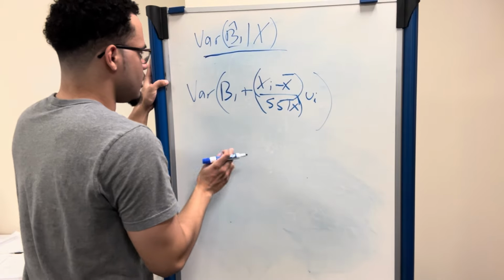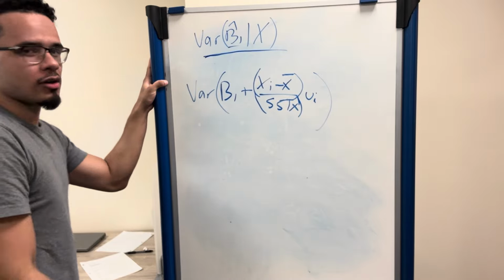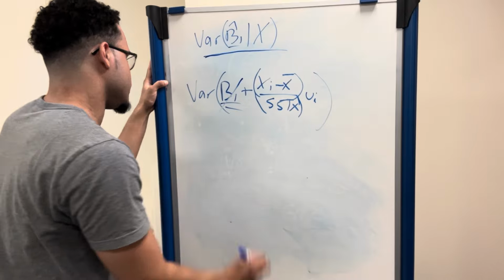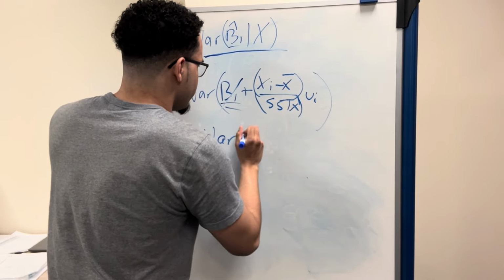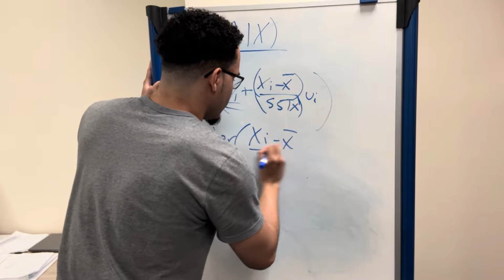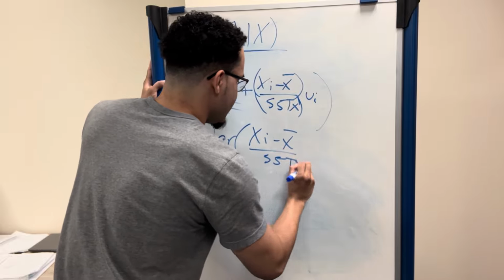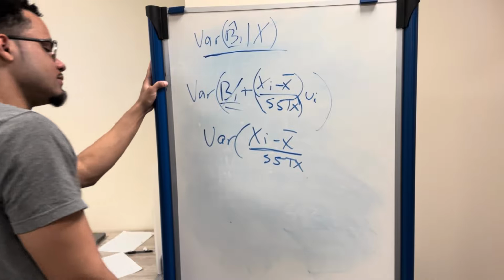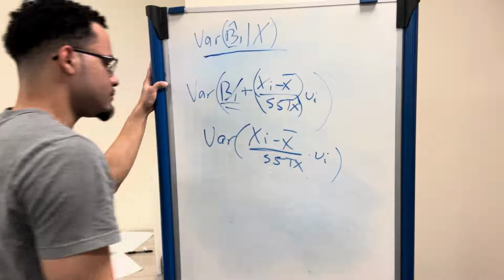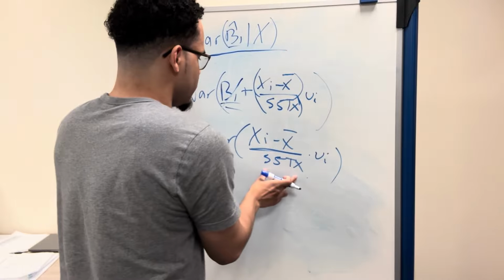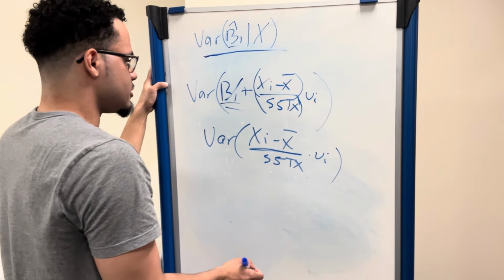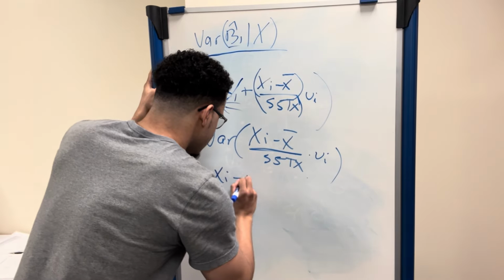According to variance properties, specifically the scaling and shifting property, we don't really need the beta 1, so the beta 1 goes away. We have the variance of (xi minus x bar) over SST x, times ui. We could move the coefficient to the outside, squared, to establish the variance of the unobservable and make it a little bit simpler.